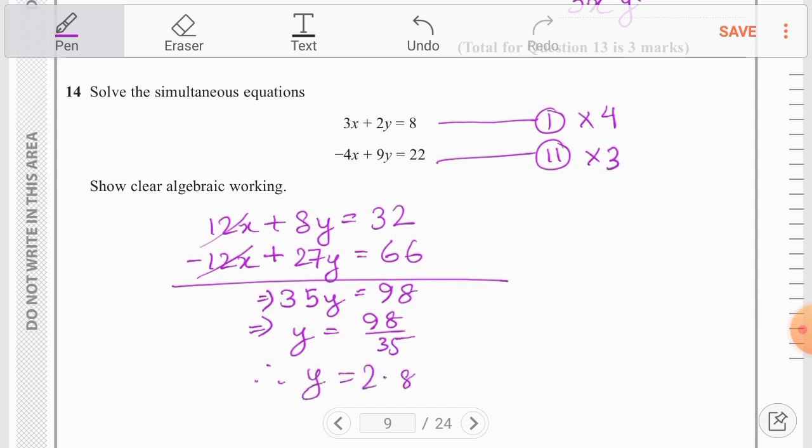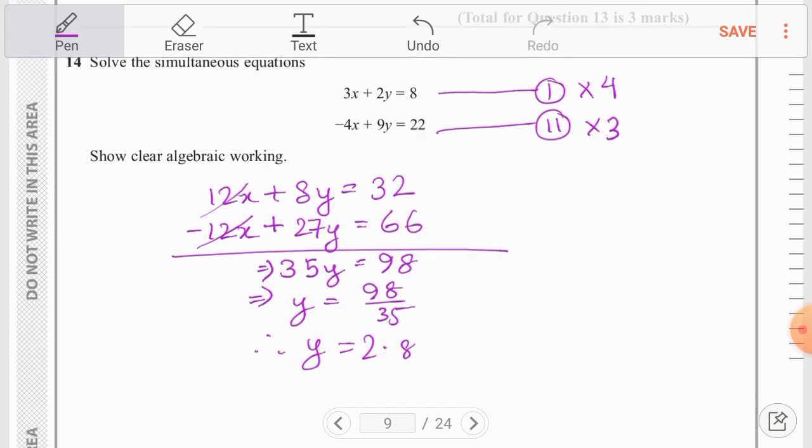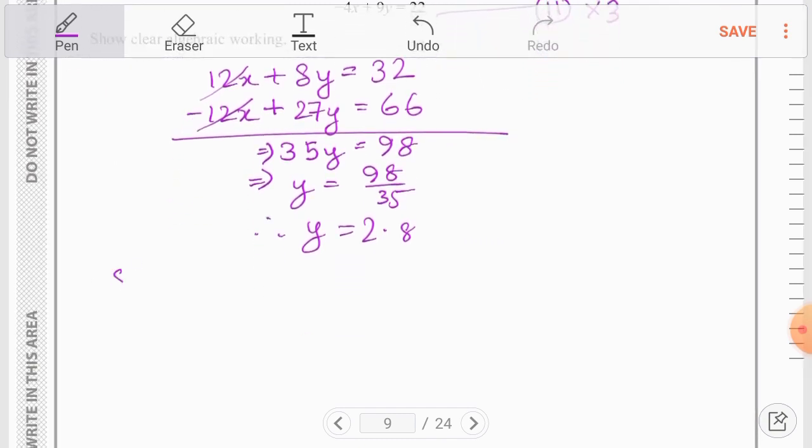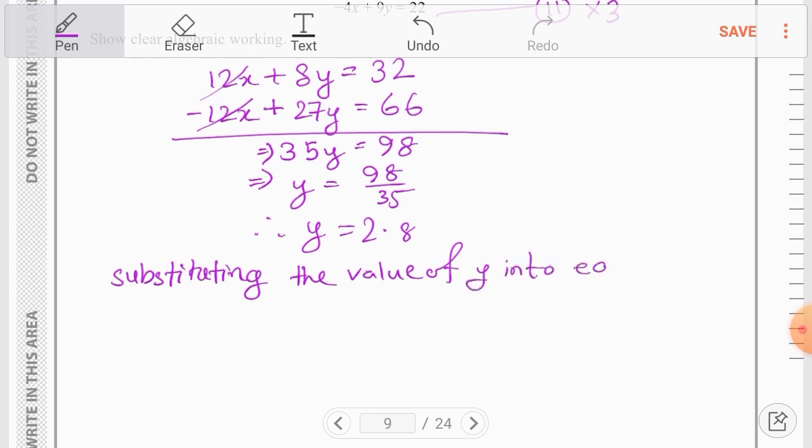As we have got the value for y, we would substitute it into any of the equations. I'm going to choose equation 1. So substituting y into equation 1.